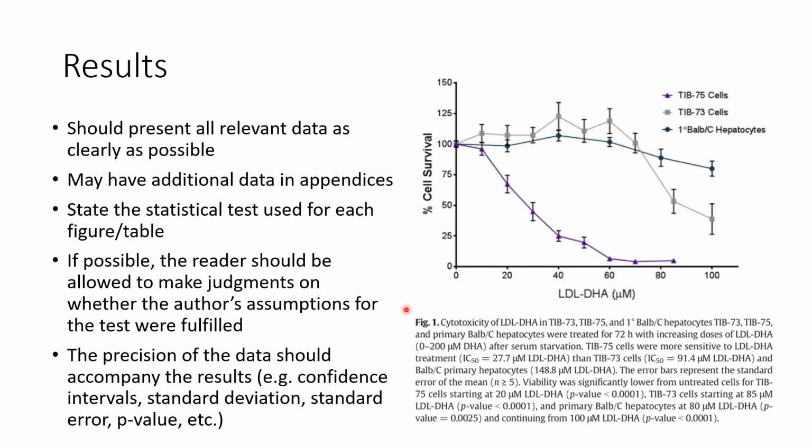And the conclusion of this figure is that the cancer cells, or the TIB75 cells, were more sensitive to the drug compared to the normal cells and the primary hepatocytes. And these error bars here can tell you the precision of the data. So these can either be standard deviation bars, confidence intervals, or standard error, and that will be covered in the statistical analysis section of the paper or in the figure description.